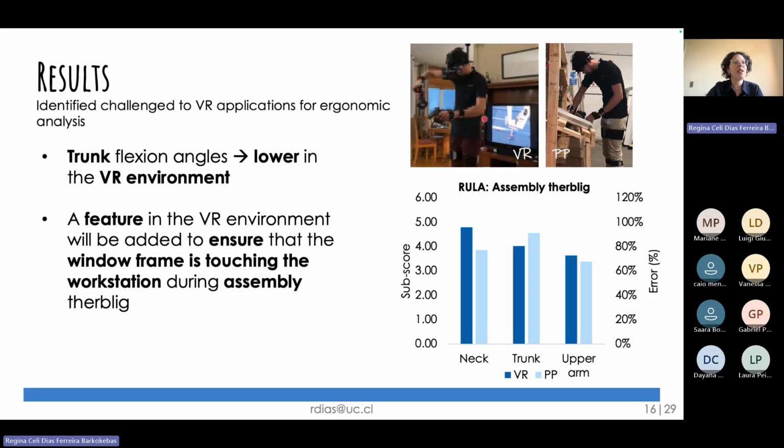Basically, what we can see in these figures is that since the height of this workstation was too low for him, his back is way more bent here than here, although the angle is not the same, but you can still see it also reflects here. So in the VR environment, they have a lower risk score than the physical environment, right? So why did this happen?